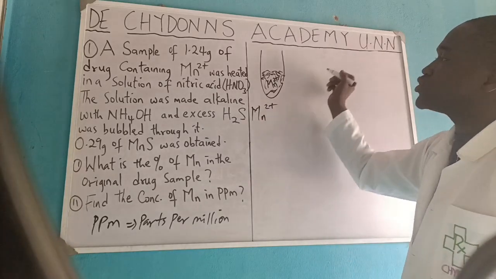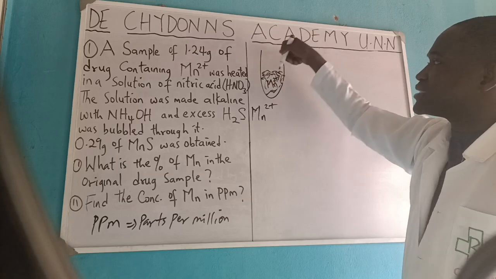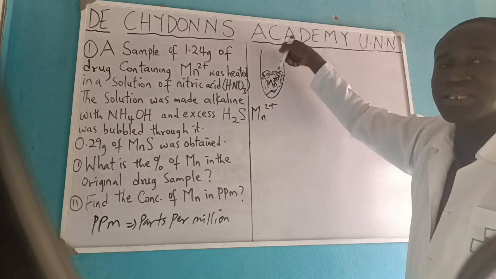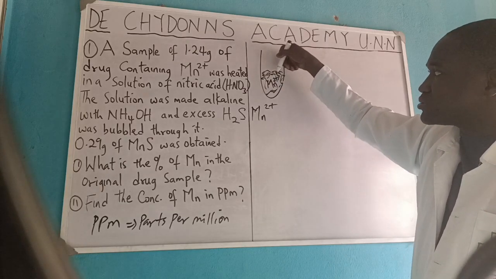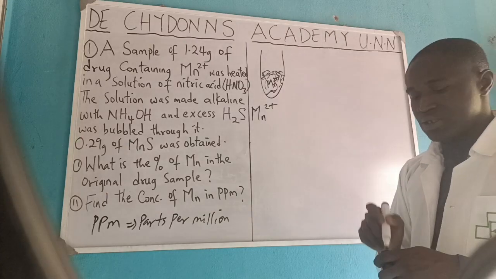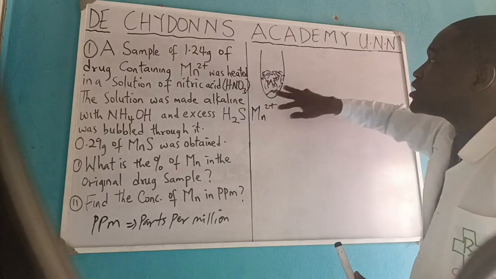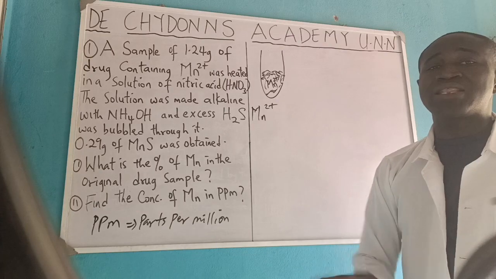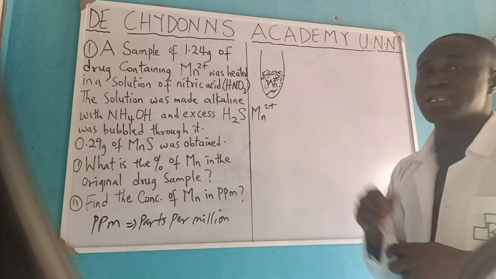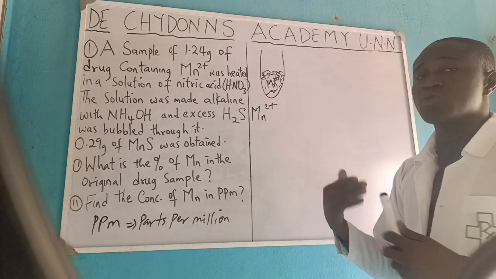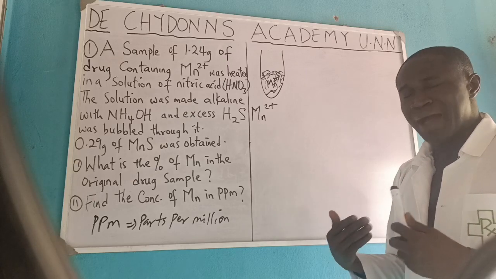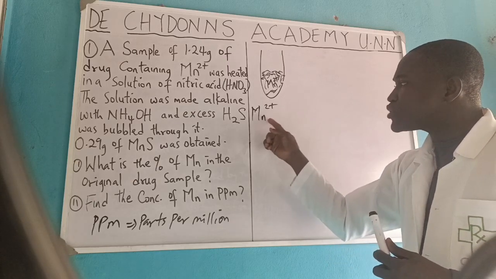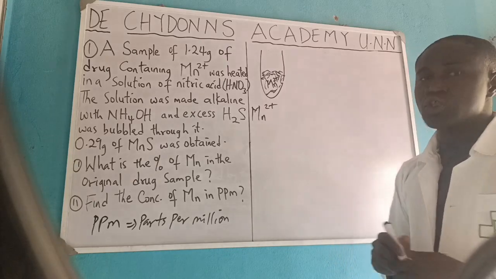So when I put nitric acid inside this powder or this substance, every other part of this substance will not react with that nitric acid except what? Manganese. Because manganese is what will have the ability to react with the nitric acid, so to speak.